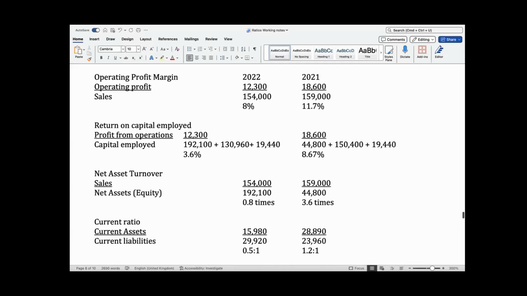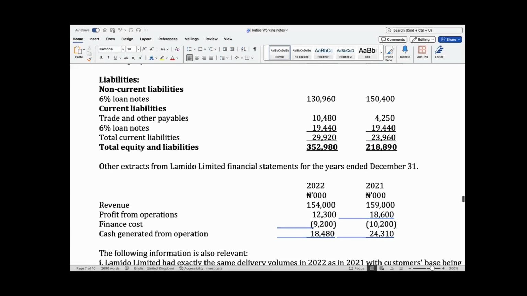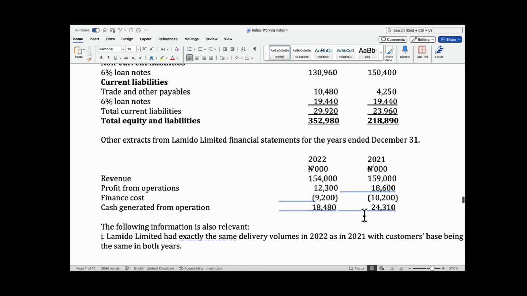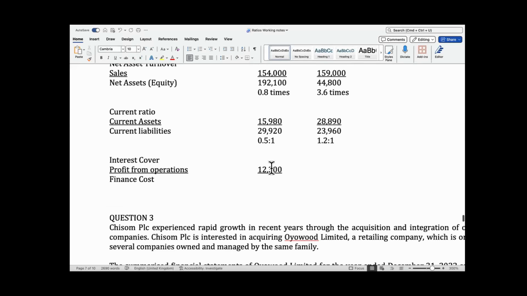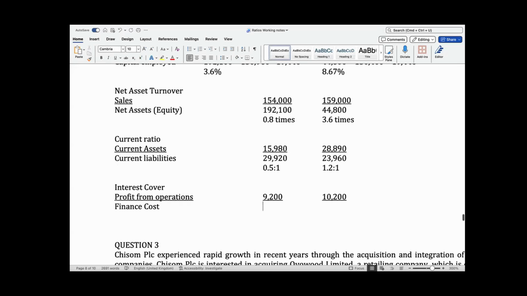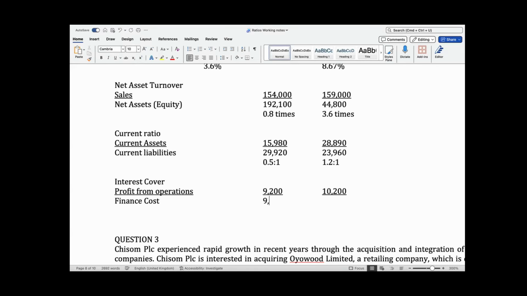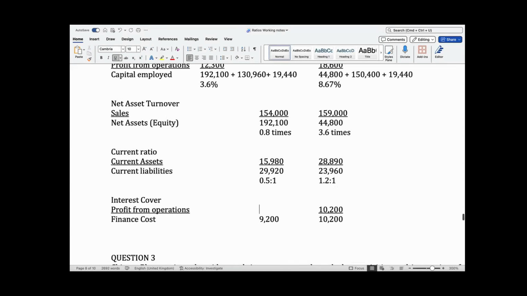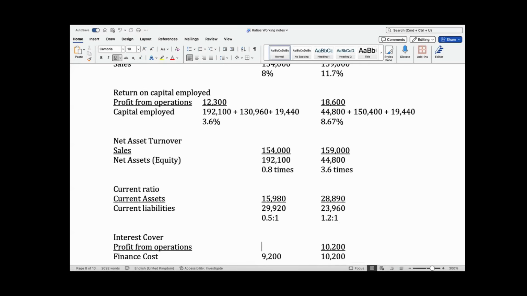What was my finance cost? 9,210. What was my profit from operations? Okay, yeah, I was correct. 12.3.